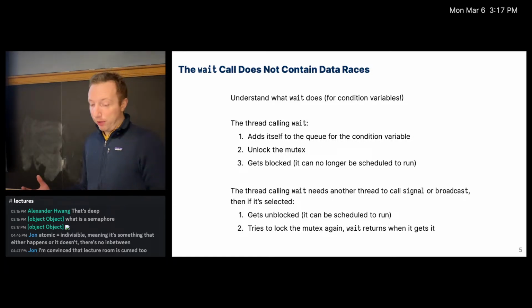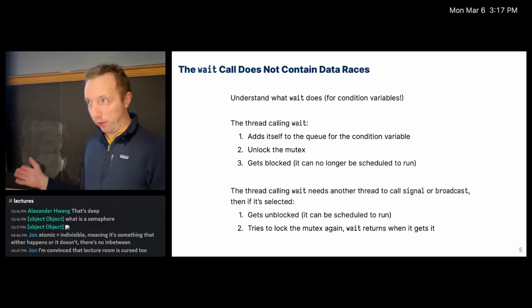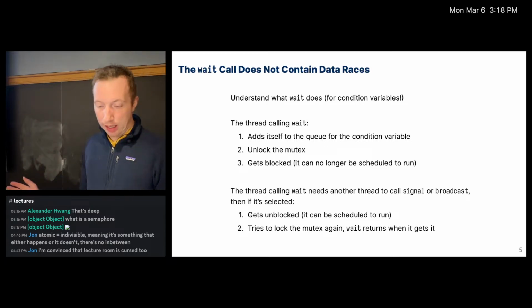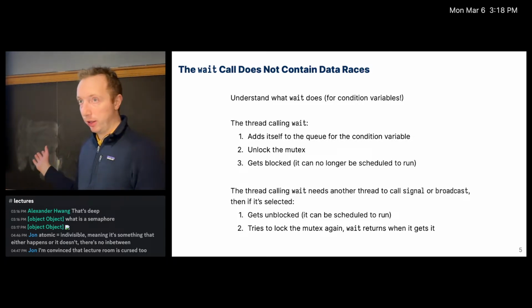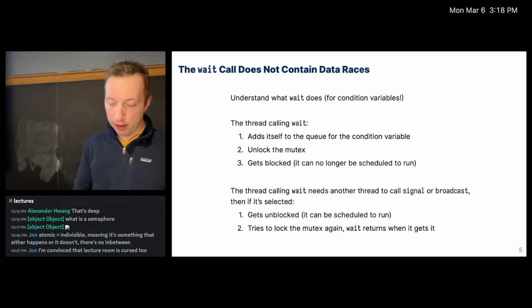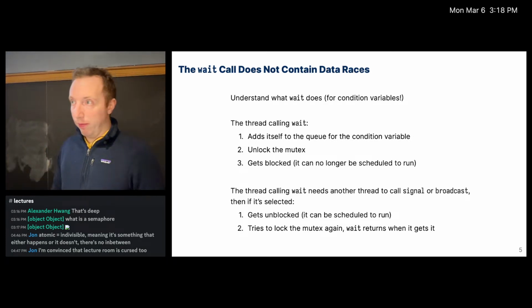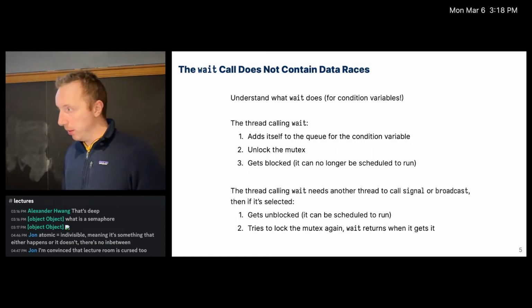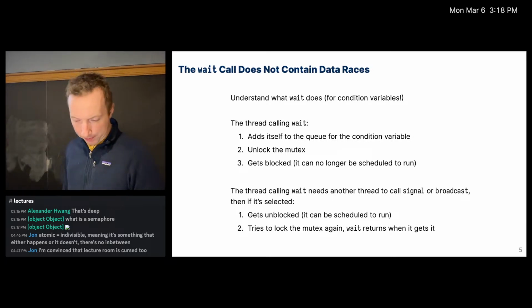It will add itself to the queue for the condition variable, it will unlock the mutex so another thread can go ahead and execute, and it will get blocked. So it puts itself on that queue, can't execute anymore, and it's no longer scheduled to run. And that fixes our problem where we might not have gone to sleep yet. This all takes care of the problem that we saw last lecture.